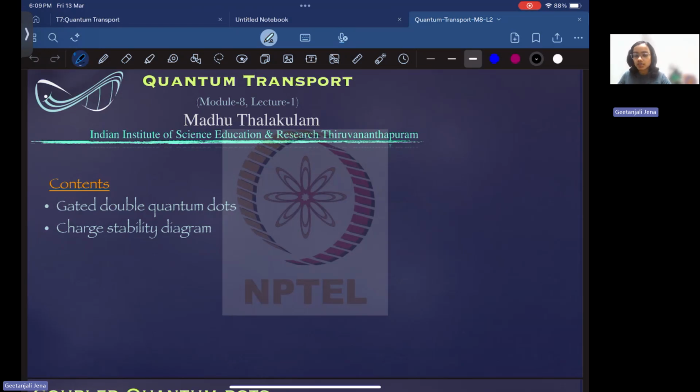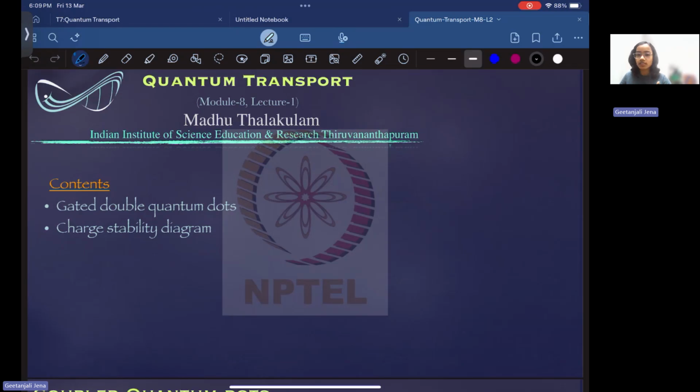This week, we will see the transport properties of double quantum dots, where instead of a single quantum dot, we have two quantum dots coupled to each other through a tunnel barrier.